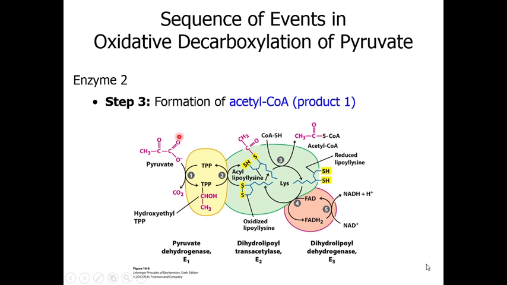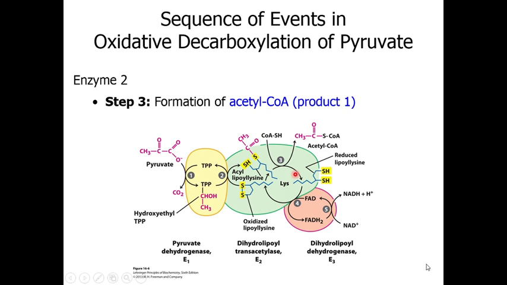Step 3 of the sequence is catalyzed by enzyme 2, dihydrolipoyl transacetylase. And in this step, the enzyme catalyzes a transesterification reaction in which the thiol or the SH group of CoA replaces the SH group of E2.